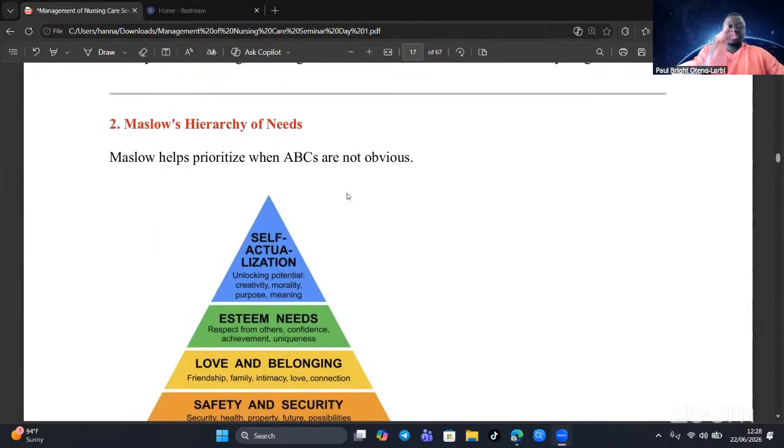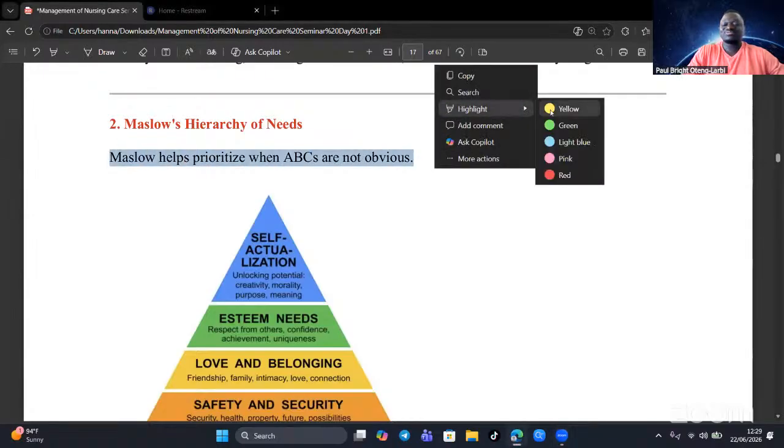The next framework or bundle that we are going to use is Maslow's hierarchy of needs. So you prioritize with Maslow. Listen to this one. It helps prioritize when ABCD are not obvious.